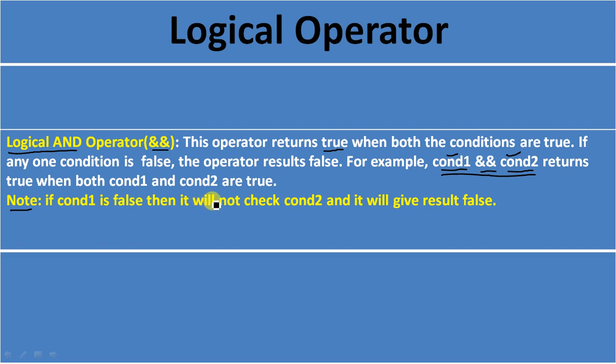It means if we are checking two conditions by using the logical AND operator, and the first condition is false, it will not check the second condition, it will give the result. But if the first condition is true, then it will check the second condition as well.